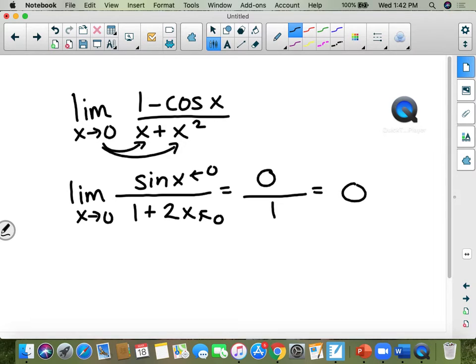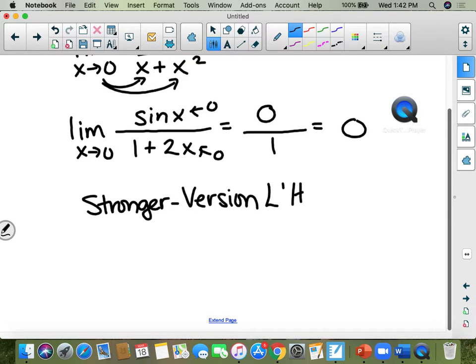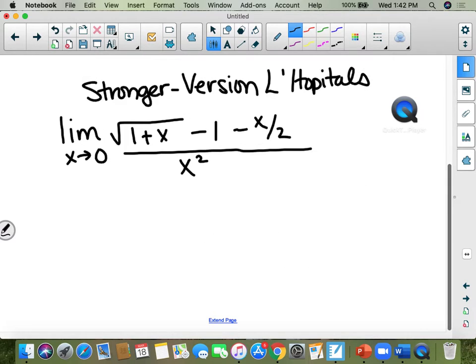Let's see here. I'm going to do the stronger version of L'Hopital's rule. This is the stronger version of L'Hopital's rule. The limit as x approaches 0 of the square root of 1 plus x minus 1 minus x over 2, divided by x squared.